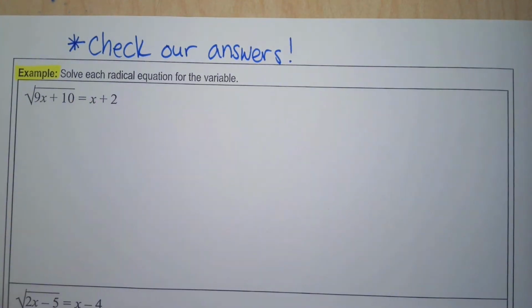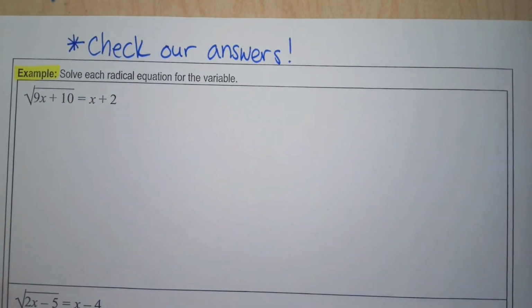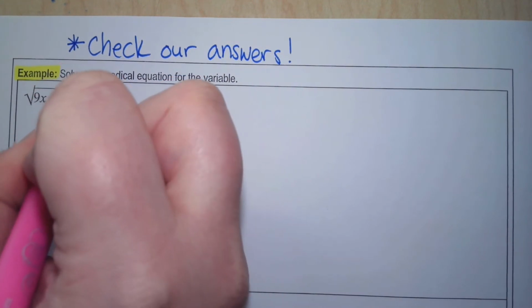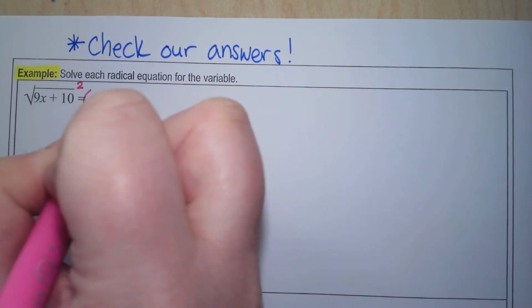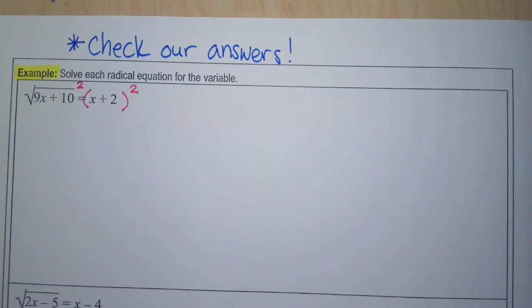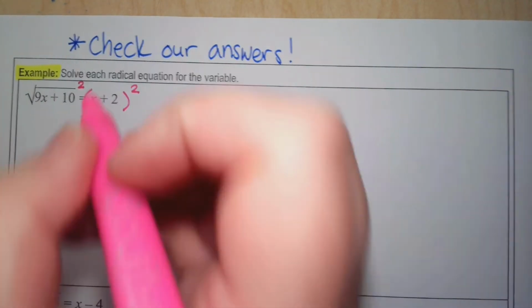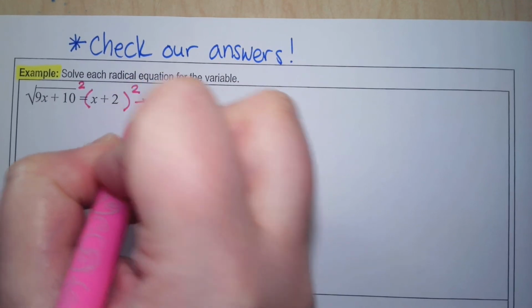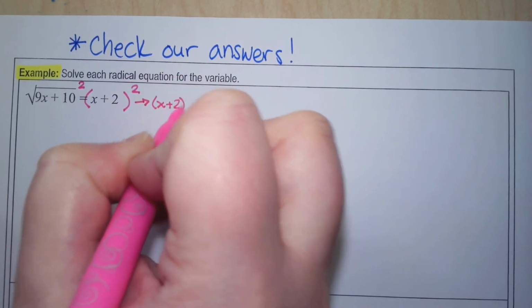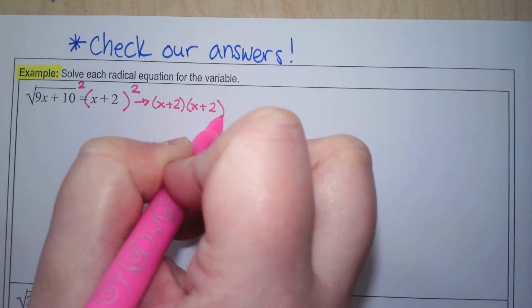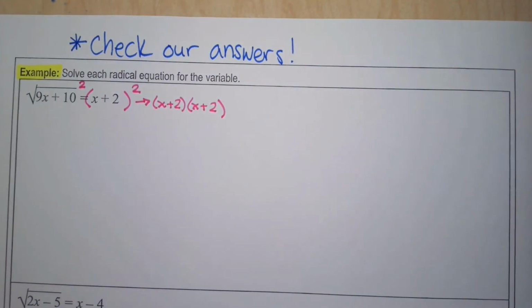So here, how we need to start this is we need to square both sides. And when I come here to x plus 2, we are squaring x plus 2. So remember, x plus 2 squared is x plus 2 times x plus 2.